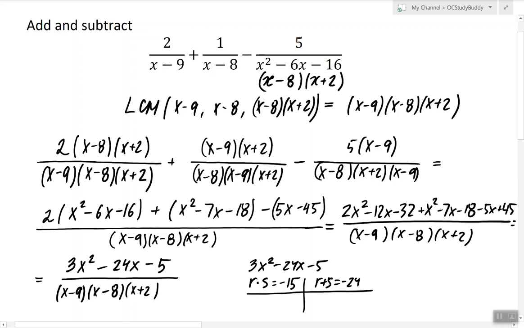So let's run quickly through this number. So we have negative 1 times 15, negative 3 times 5, and that's it. None of them works. So this polynomial is prime, meaning it has nothing in common with the denominator. Therefore, this rational expression is written in the simplest form. And this is the result of the desired addition and subtraction.